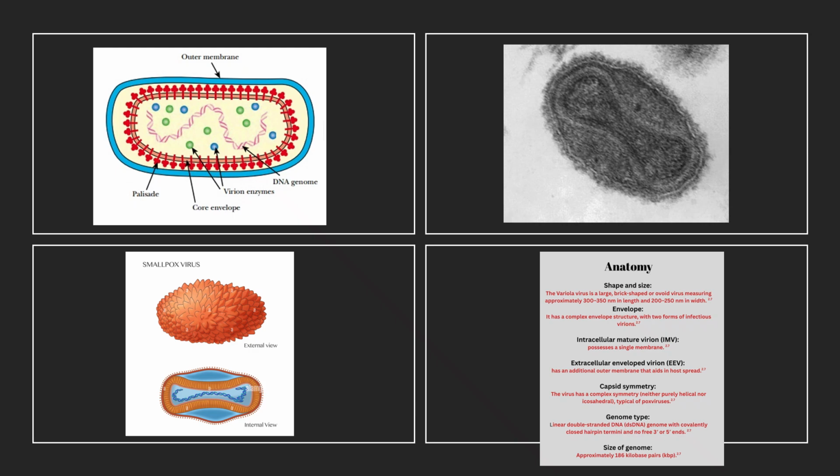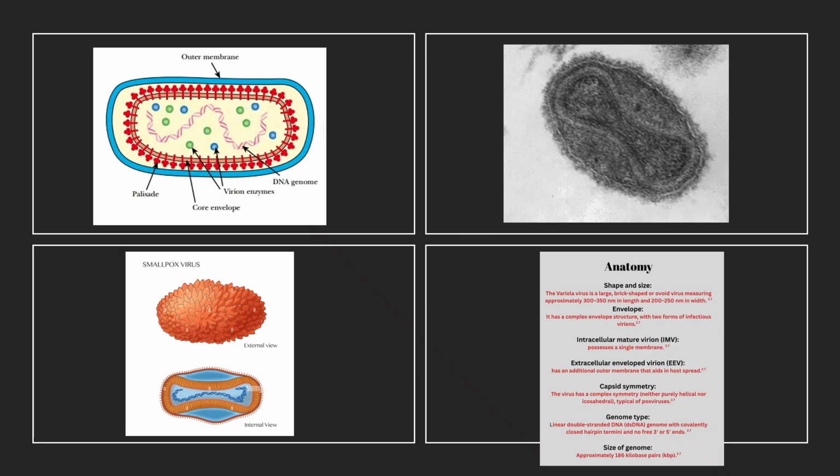It is a complex envelope structure with two forms of infectious virions, which we will discuss in more detail later. There is one called the intracellular mature virion, IMV, which has a single membrane, and the extracellular envelope virion, which has an additional outer membrane that aids in the host spread through the blood.